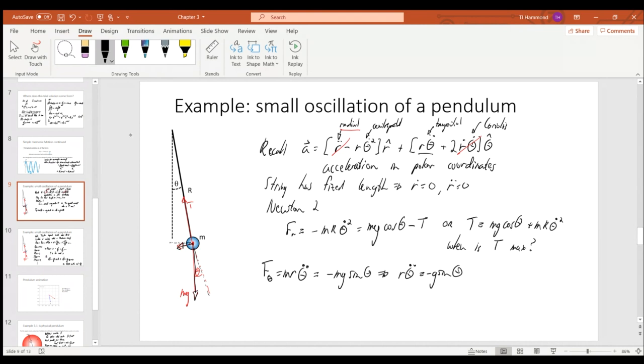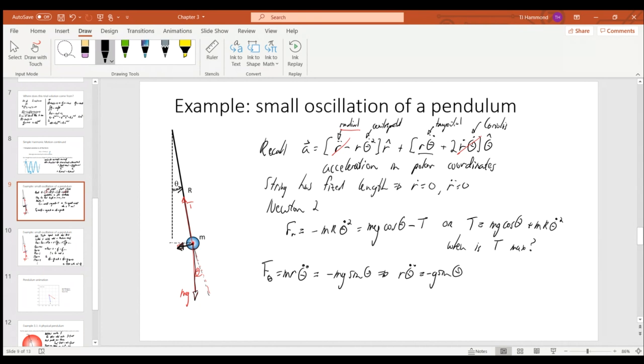And so this component is going to be mg sine theta, right? So if this is the positive theta direction, this is in the negative theta direction, so that's why there's a minus sign. It's going to be proportional to the mass, of course, also proportional to gravity, and it's proportional to the sine of that angle, okay?